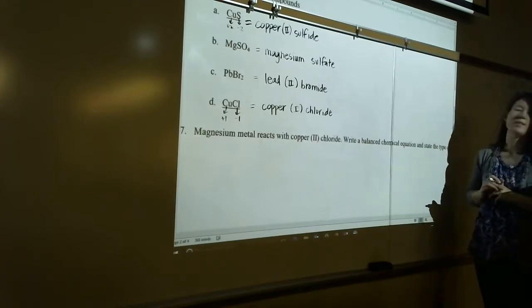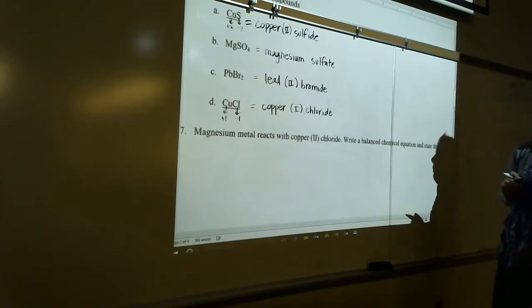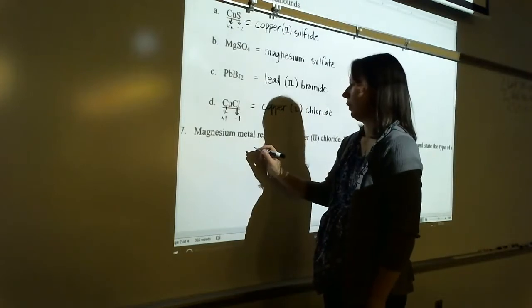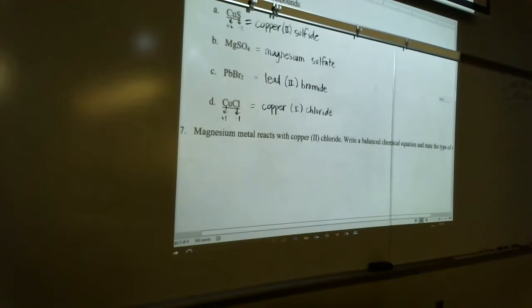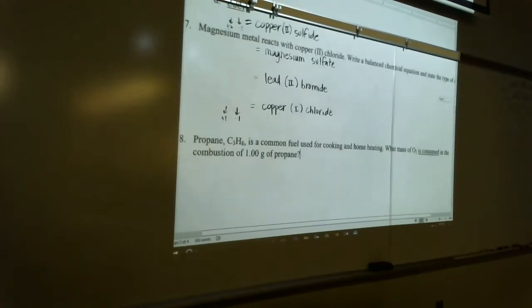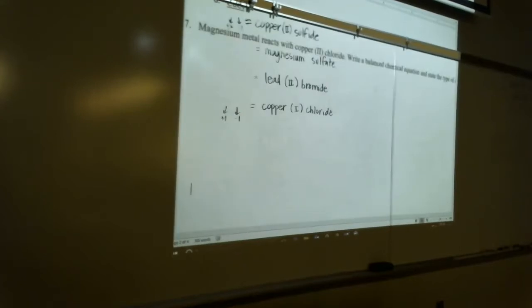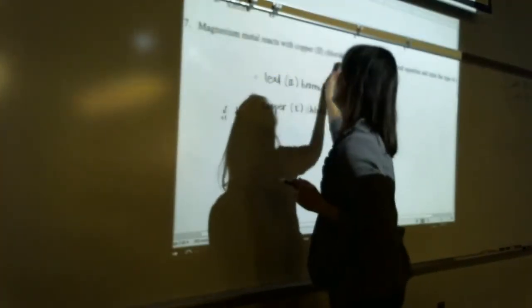Are we all good on number 6? Nomenclature. All right, let's do number 7. Magnesium metal. When you see the word metal, that should tell you what its formula is.